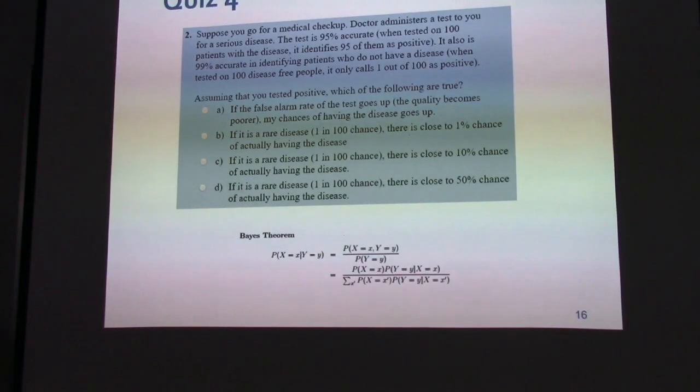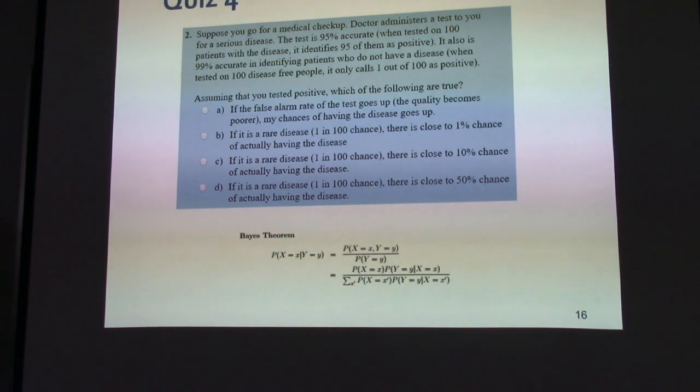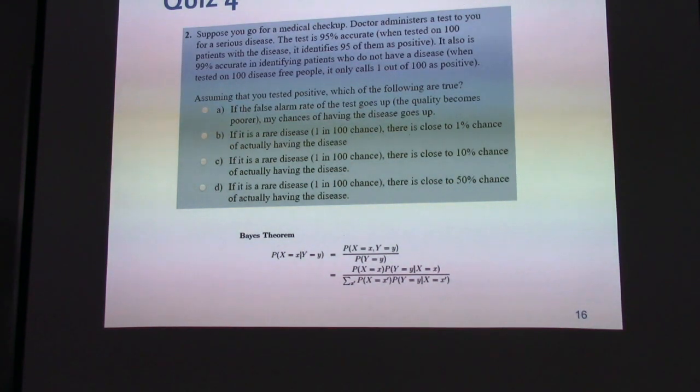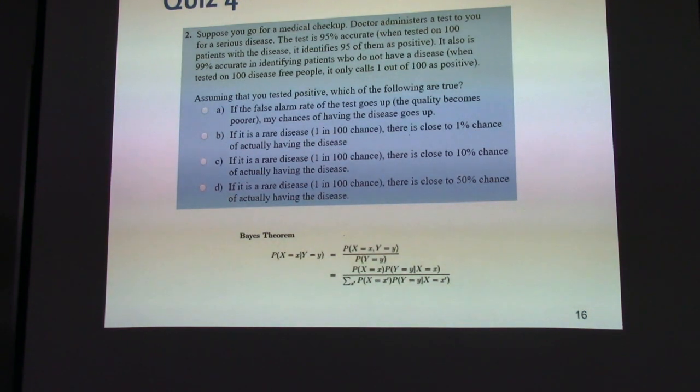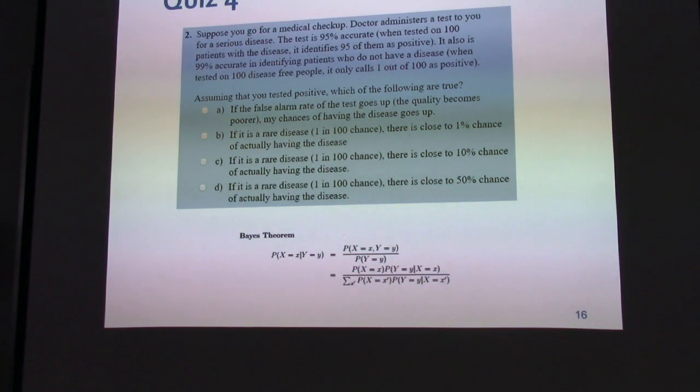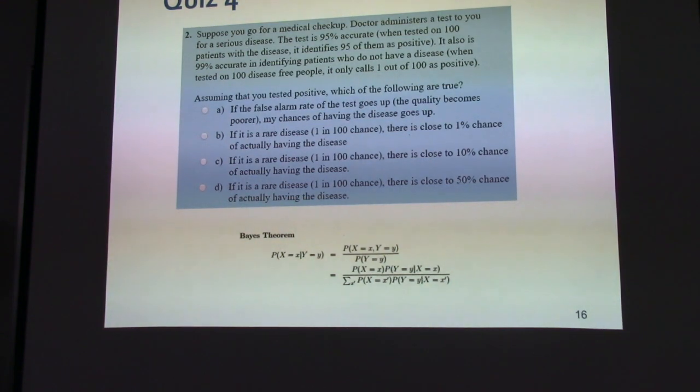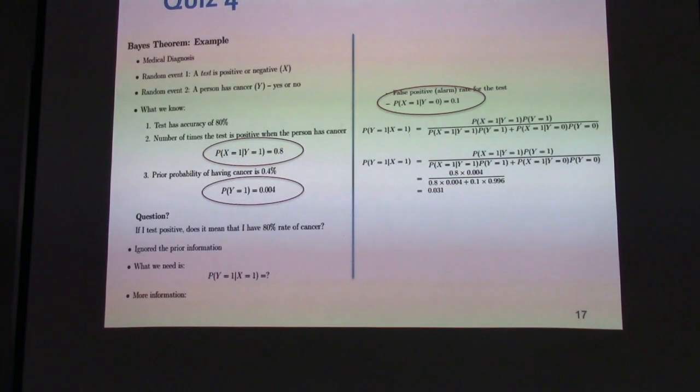Okay, let's go on to the fourth part of the midterm review. In this part, the first question is asking you to correctly use the Bayes formula. Here is the Bayes formula, and before I tell you how to solve this question, there is a good example in the Professor's handout.